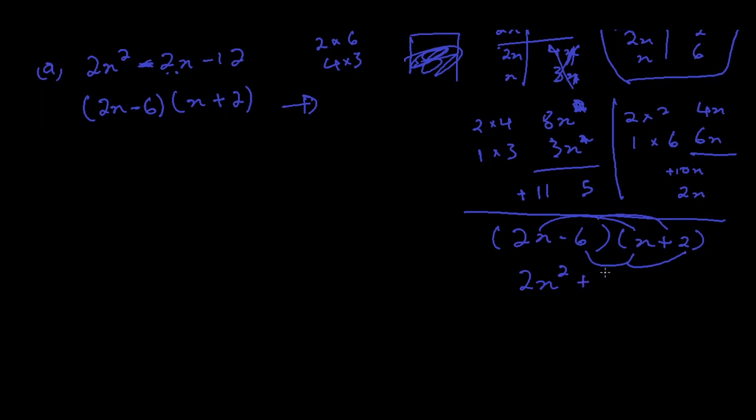So it's plus 4x minus 6x minus 12. So it's 2x squared. These are your like terms. Then 6 minus 4, take the sign of the bigger number, so it's negative 2x, and it's minus 12. Which means I've factorized it correctly.